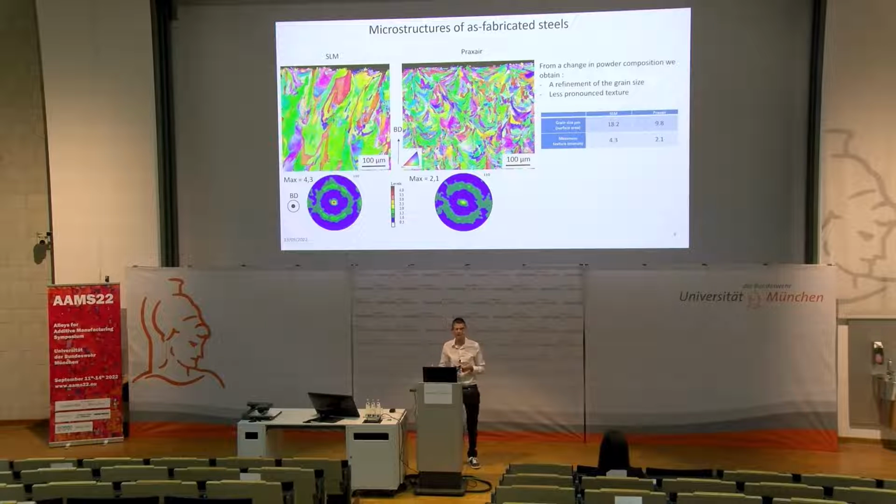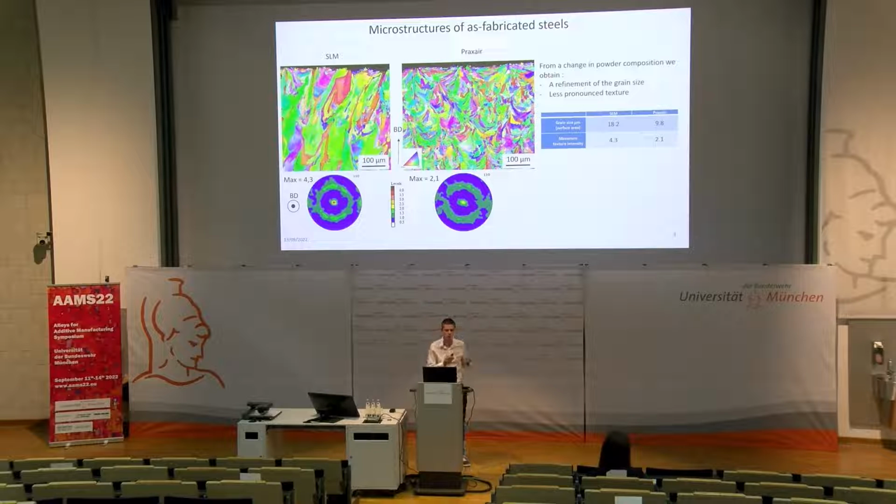We also obtain a less pronounced texture, as you can see on the 114 figure at the bottom, where you can see the SLM steel has a relatively big texture with an intensity of 4. That is quite common in this kind of steel, while the Praxair steel has a low texture. And so from a change in powder composition, we also obtain a less pronounced texture.